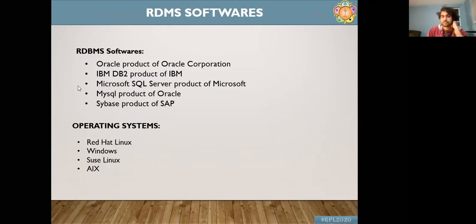But these days, a lot of cloud providers like AWS, Azure, Oracle Cloud, IBM Cloud are providing us a cloud platform where you can have these RDBMS software products on their cloud environments.